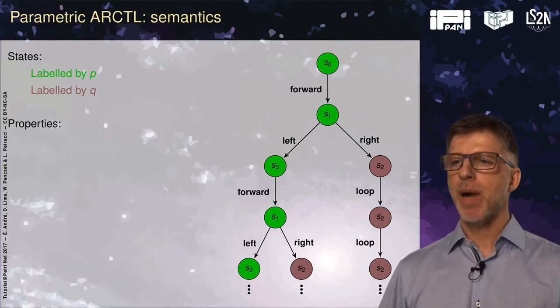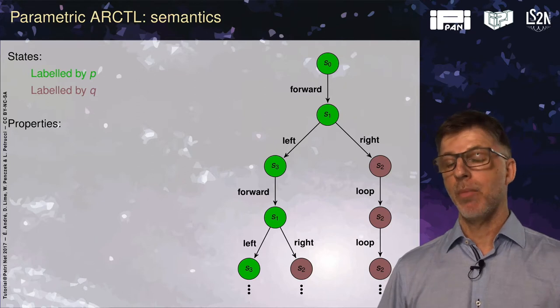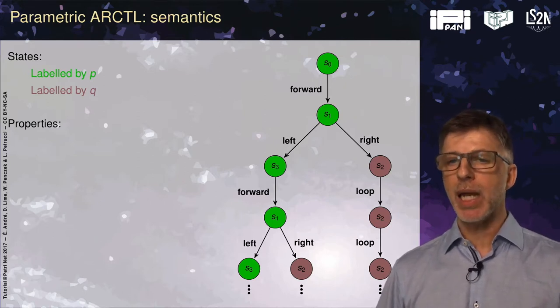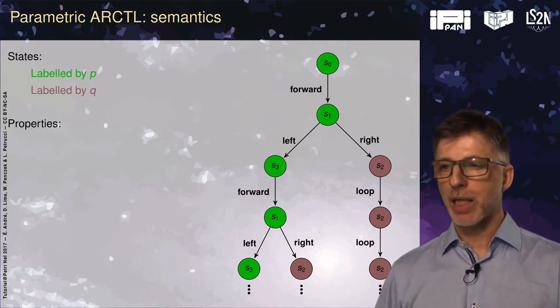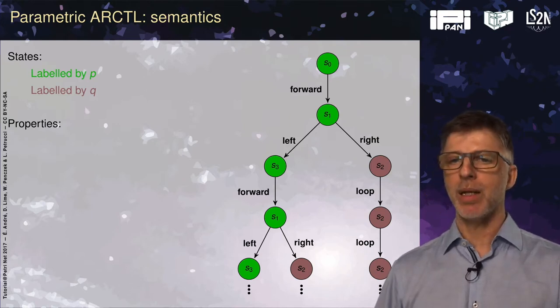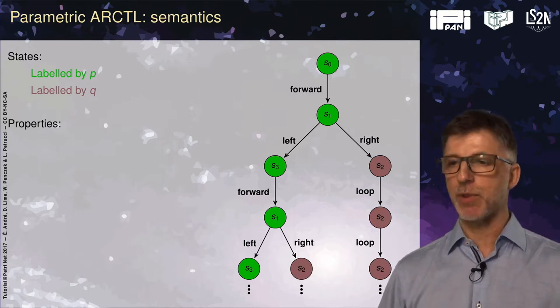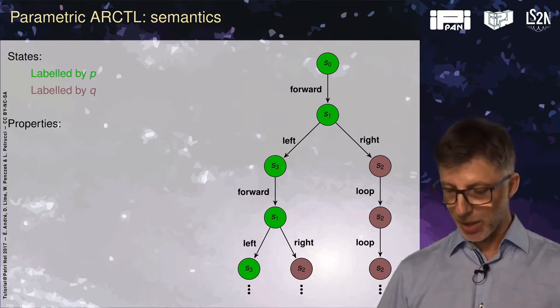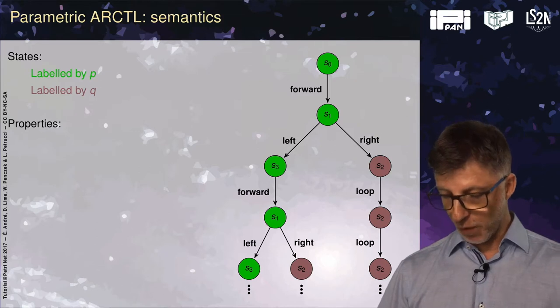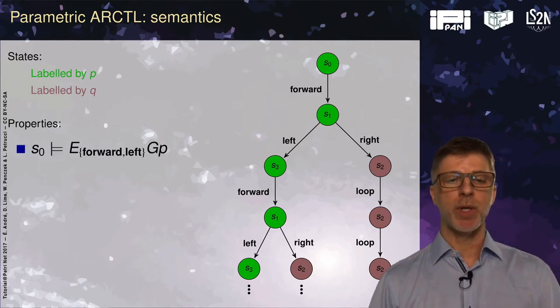The states marked with green are meant to be labeled with P, and the states marked with brown are labeled by Q. And you have names of the transitions, namely actions: forward, left, right, forward, loop, etc. Now let's look at some properties.